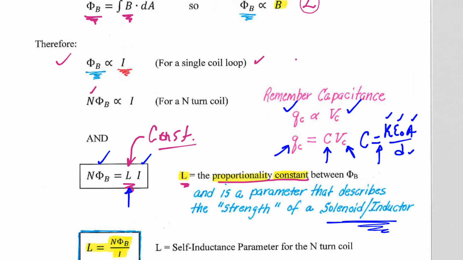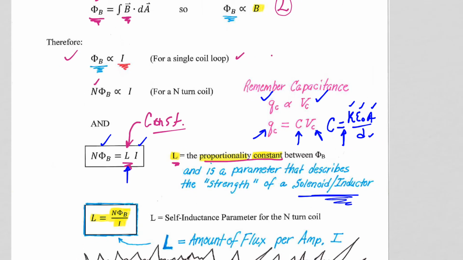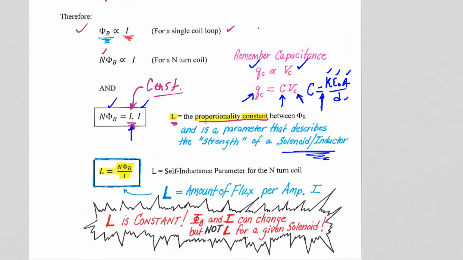And we're going to see the derivation for that equation, like we have kappa epsilon naught A over D here. We'll have an equation that describes the inductance parameter L for the solenoid. So we rearrange our equation to get the self-inductance parameter.